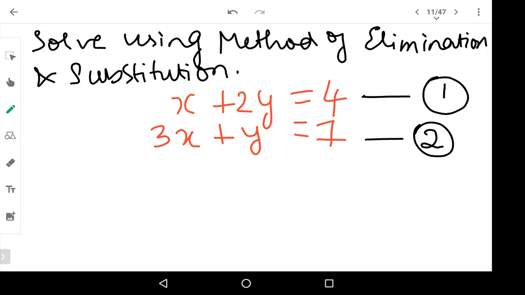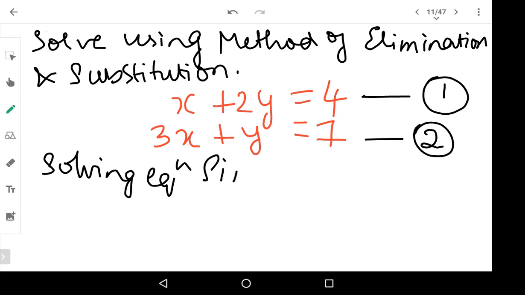Okay. Now, after this, we are supposed to check what I have to multiply for equation 1 and what I have to multiply for equation 2. Now, if you see here, for equation 1, solving equations simultaneously.